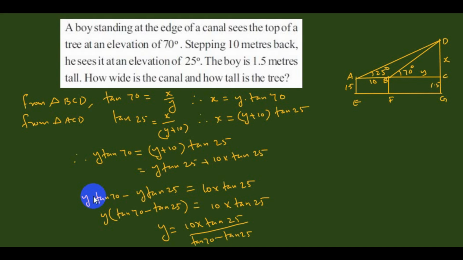What is its value? See, 10 into tan 25. From the table we will get the value of tan 25 and tan 70. Okay, go to table. See the table value. Let us go to table.